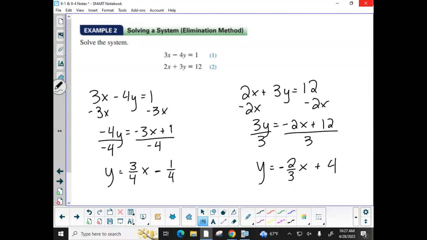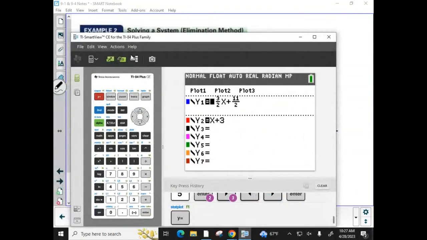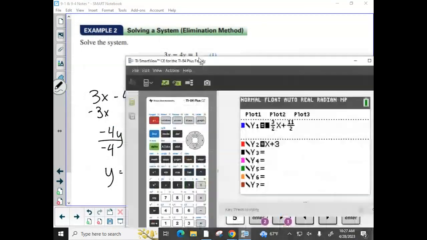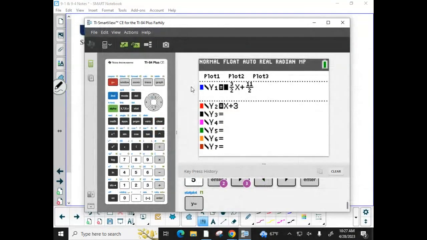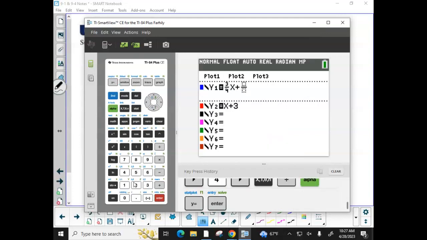All right. And then I want to find my solution. I go to my calculator and I enter this stuff in. I got y equals 3/4 x minus 1/4, so y equals, clear this out, alpha, y equals, enter, 3 over 4, x, minus, alpha, y equals, enter, 1 over 4.